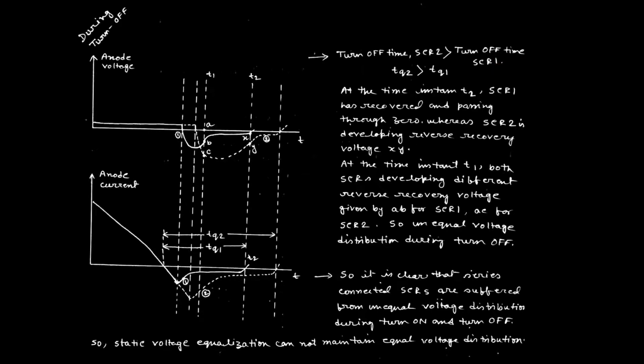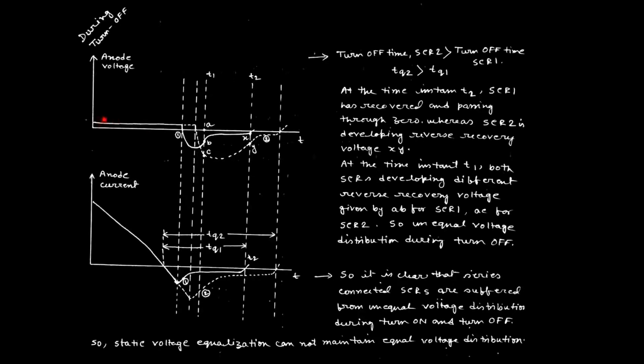The turn off time for SCR2 is TQ2 and for SCR1 it is TQ1. We can represent this by the turn off process explained in my previous lecture session.